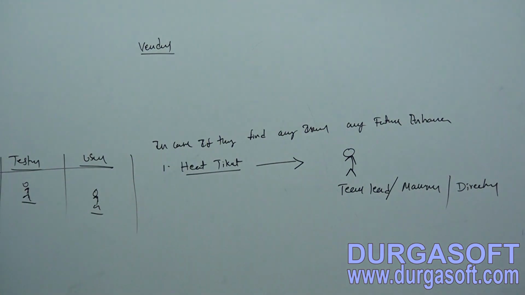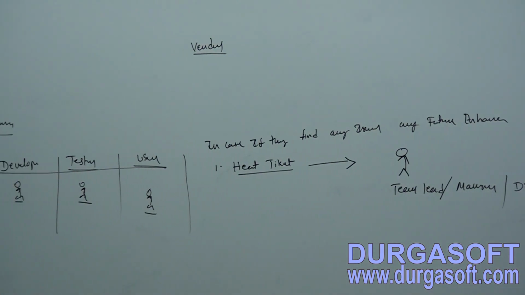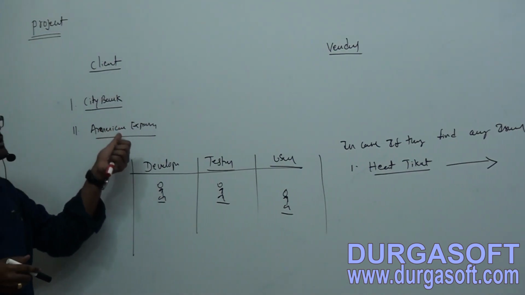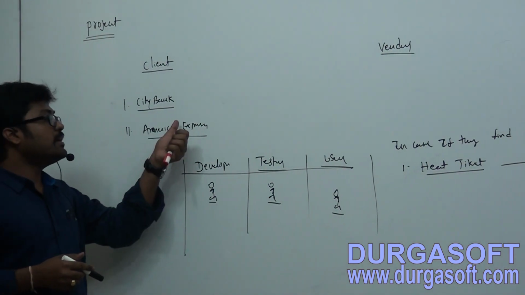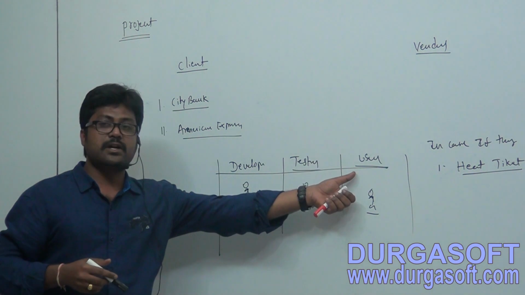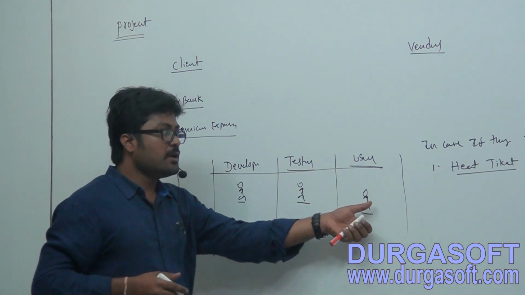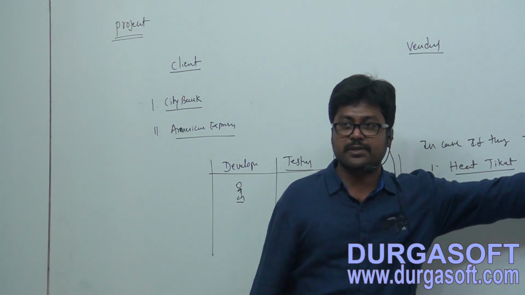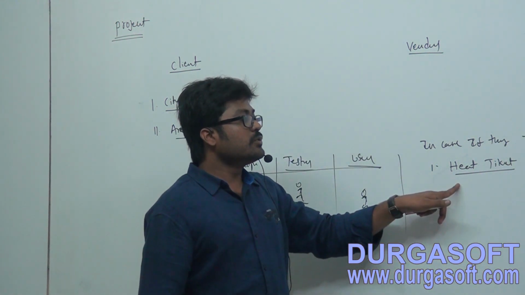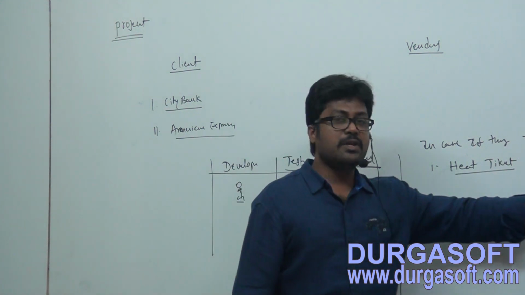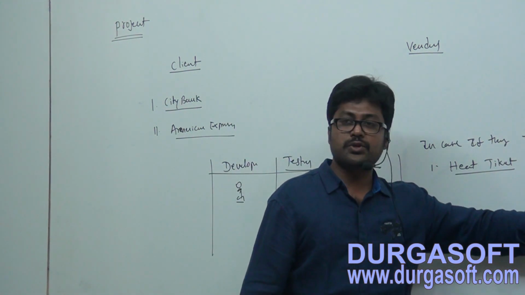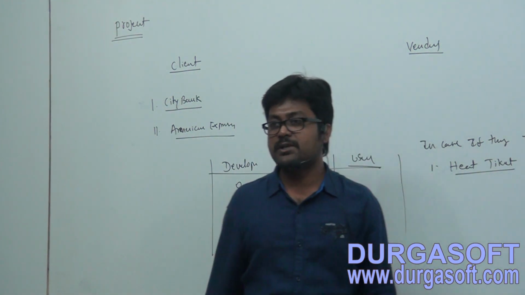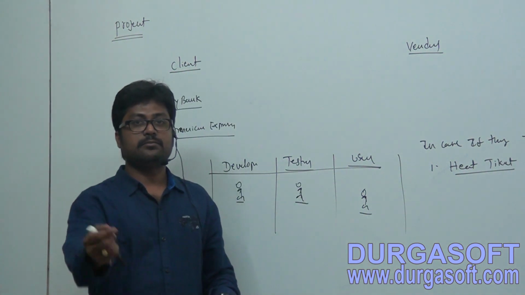Once they find any problem in their existing projects, the client side developers, testers, or users, if they find any issues or require any feature enhancements or new features, will raise one heat ticket. Through that heat ticket, they will raise their issues and inform the team leads, project managers, or their director.